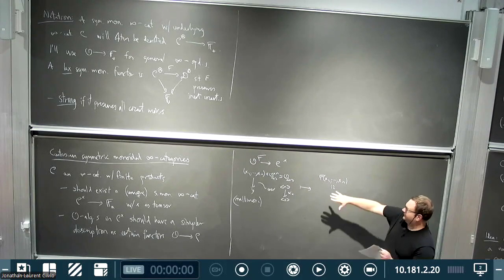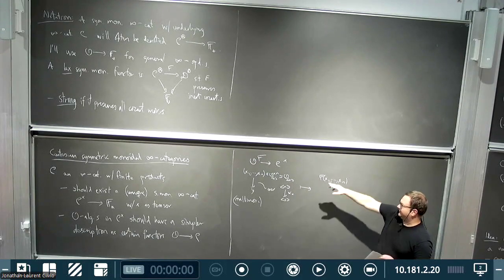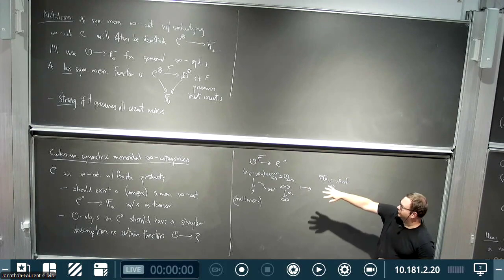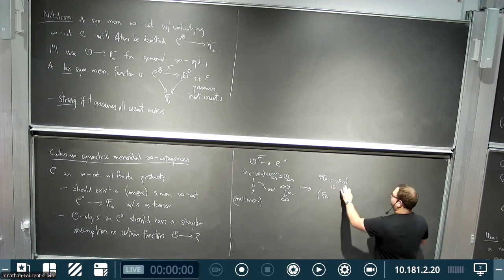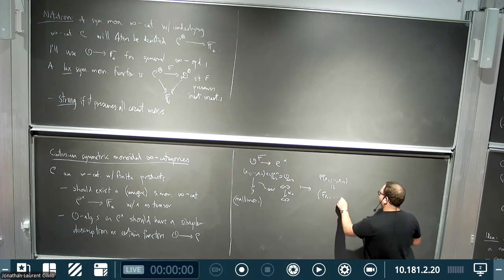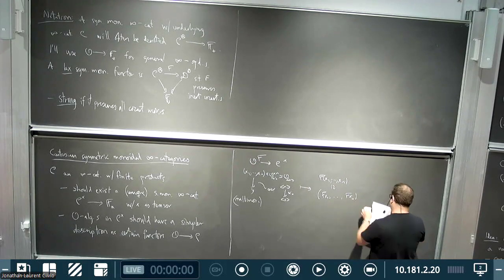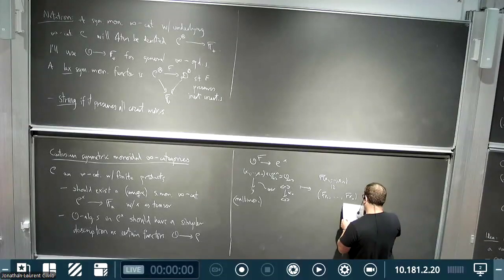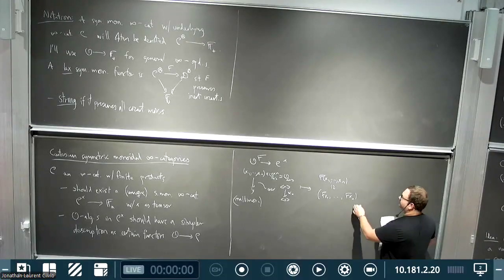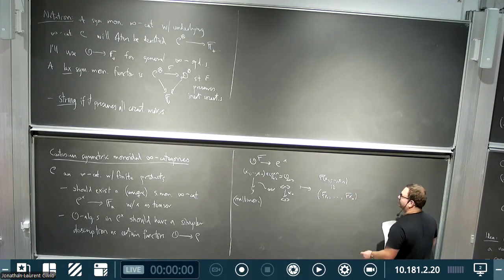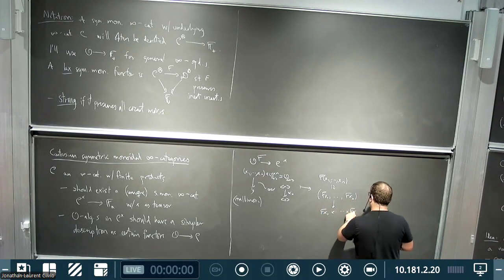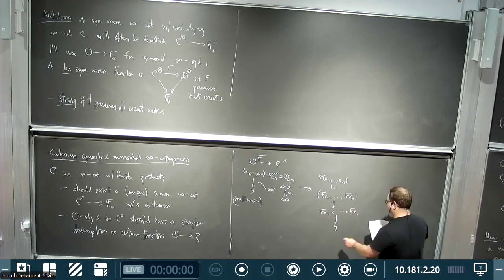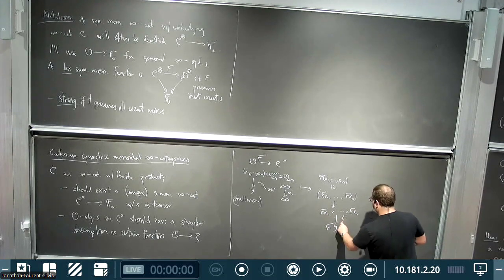Because this is an algebra, the fact that F takes inert morphisms in O to inert morphisms in C cross tells me that I preserve this decomposition, so this is the same as F(x_1) times ... times F(x_n). And then I have a map from that in C cross to F(y), which is the same thing as a map from the product of F(x_1) through F(x_n) to F(y). Therefore, this is just a morphism in C.